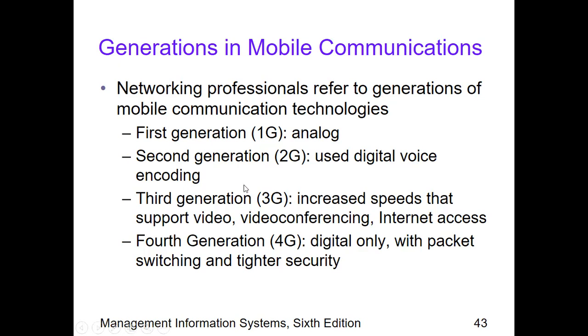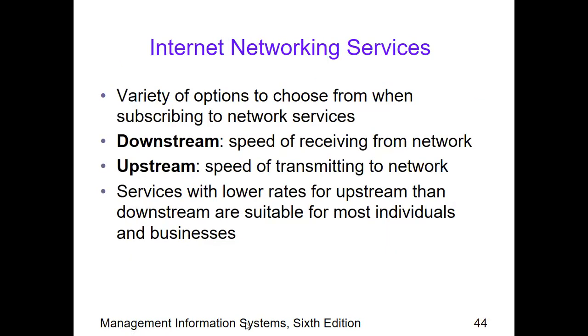This is where we actually started in the 2010s. I can recall that in my experience, though I don't know about the others. But 4G, fourth generation, is digital only with packet switching and tighter security. And this is what we have now most often with our gadgets and our SIMs for cell phones and the networks.